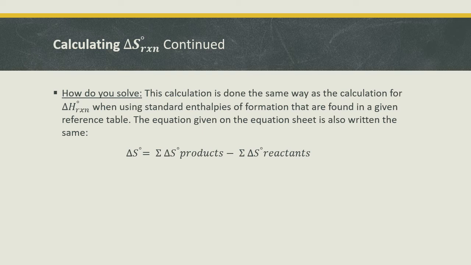So when we were doing those calculations for delta H, we actually learned how to do delta S calculations. We're just plugging in different numbers. The equation on the equation sheet is also written the same way. So our delta S is equal to the sum of the delta S for the products minus the sum of the reactants. Same idea.